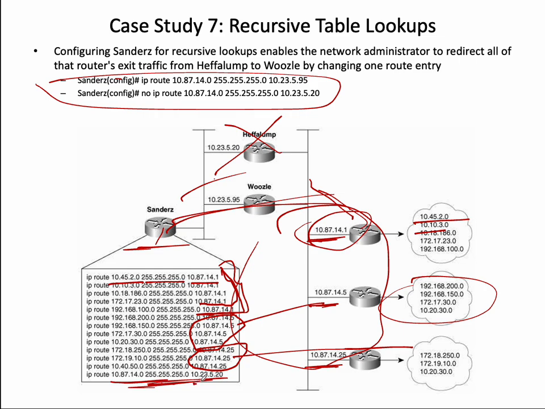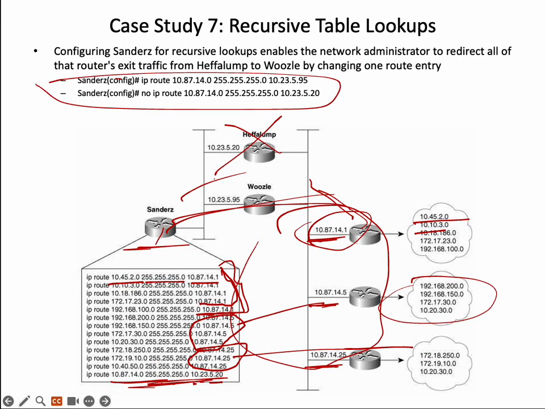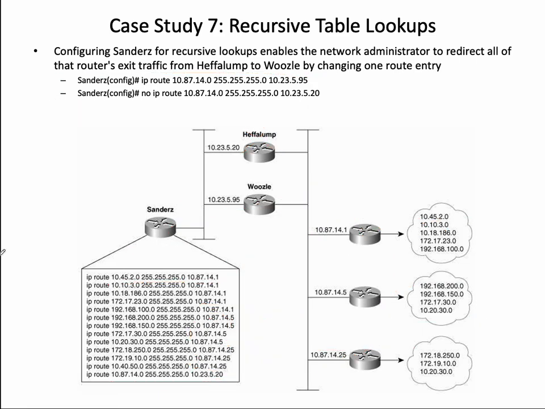We said, hey, you reach 10.23.5.0. So we use the recursive table lookup here, right? And 10.87.14.0, if you want to reach this, how do you reach? You go via this way. So all your traffic is going via this way.